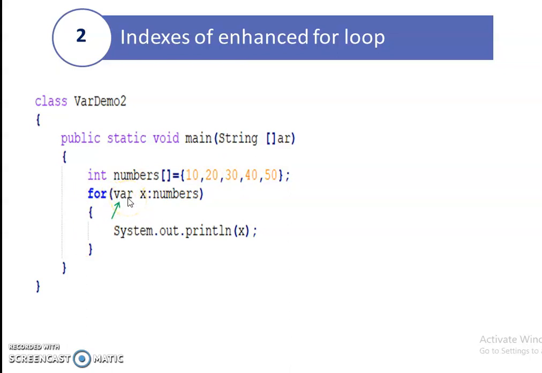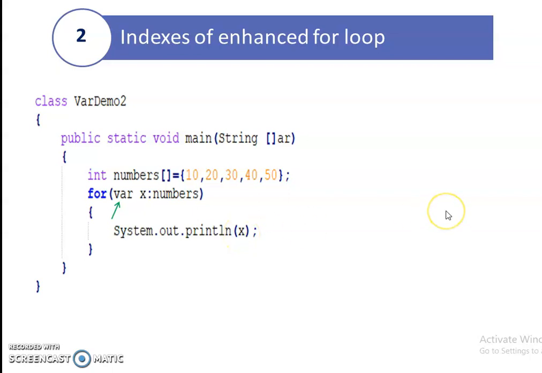So we are iterating from this integer array, we are storing to this x and here for the type of x we have written var. So it will automatically detect the data type of x and it will be int because this array is of type integer. Now we are printing the value of x.